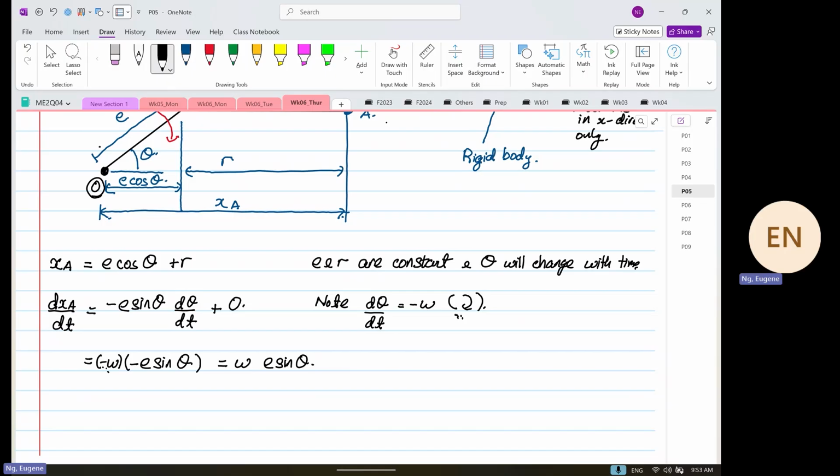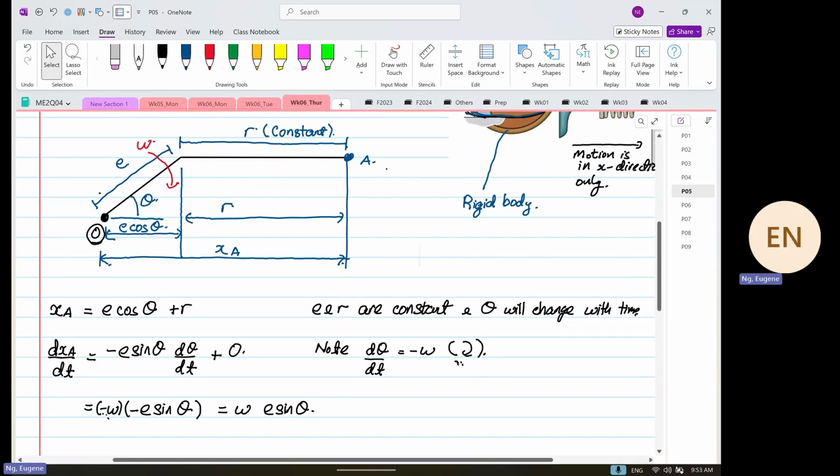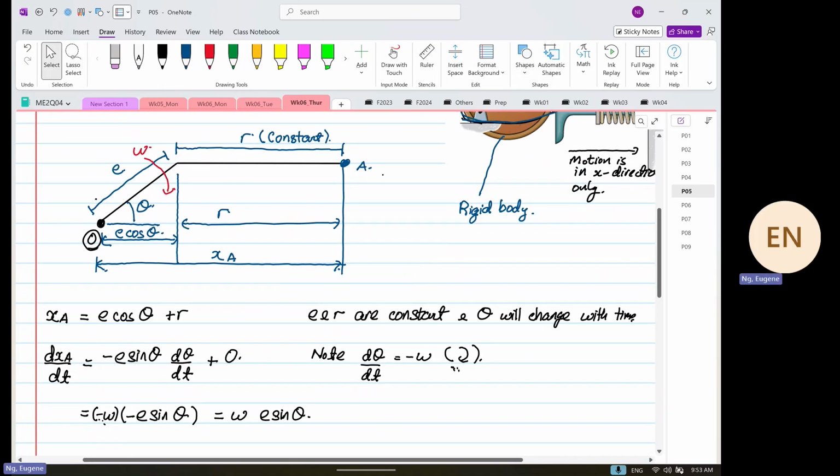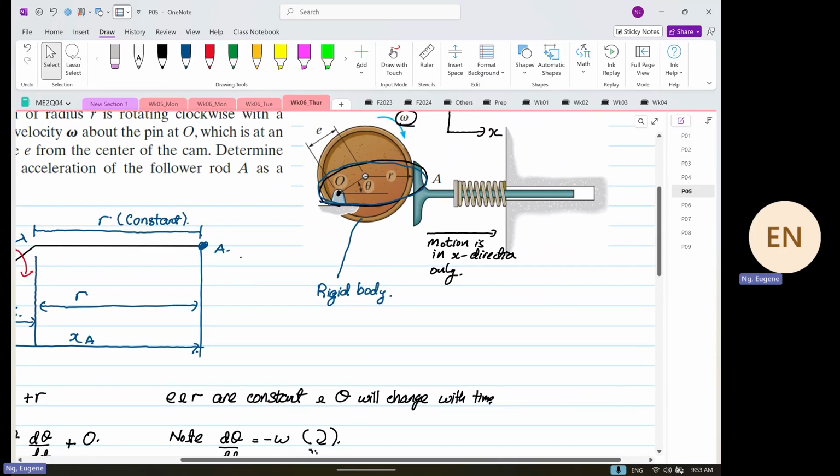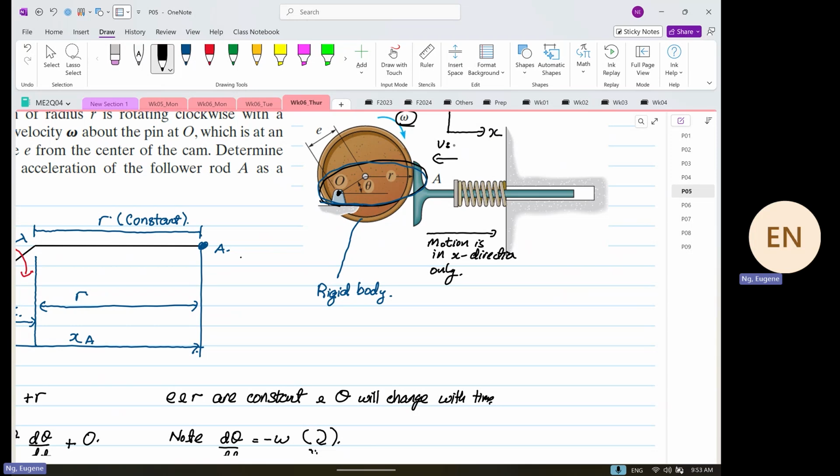If we have not incorporated the negative sign, dXA over dt will be negative. Negative means the rod will be coming outwards. Yes or no? So velocity coming outwards is negative, in this direction. If it's positive, velocity is going inwards.